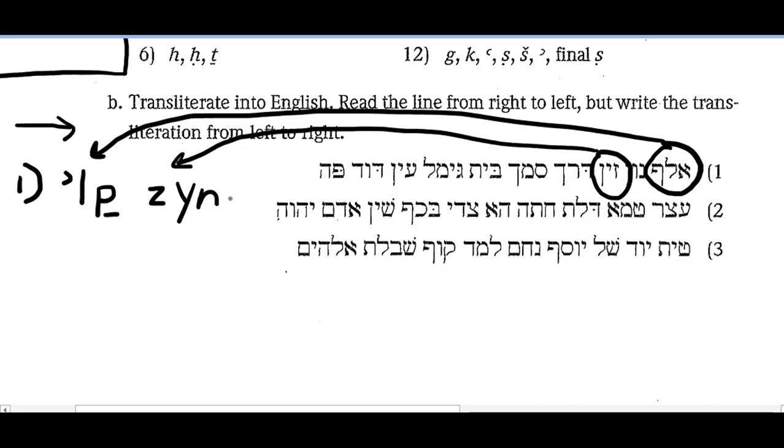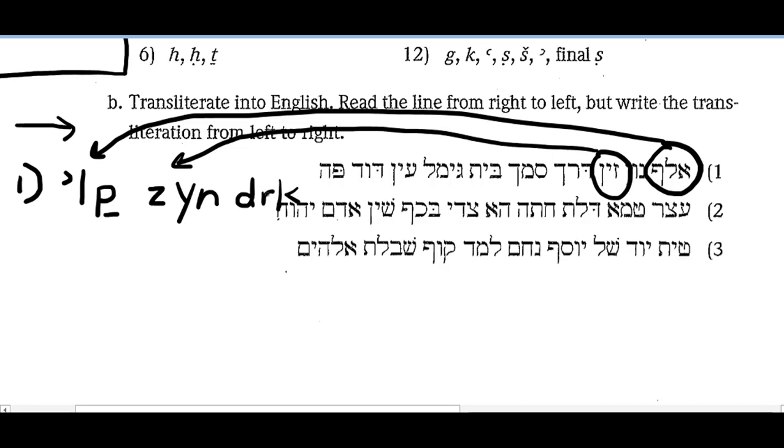It happens to be final noon here, but in English we'll just put a noon. The assumption is that a noon at the end of a word will be a final noon in the Hebrew. Okay, so the next one would be, of course, DRK in that order. Dalet, resh, kaf. So I need to put dalet, resh, kaf in English, but in the right order.